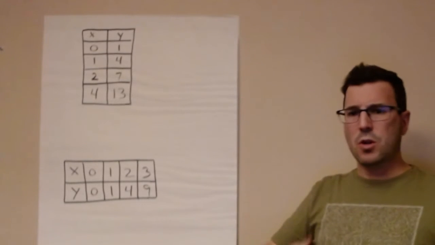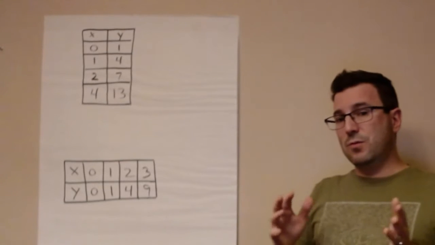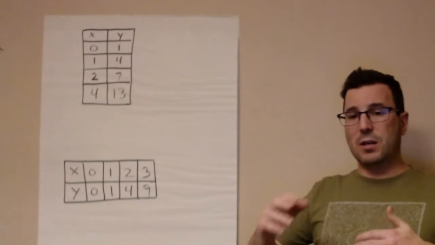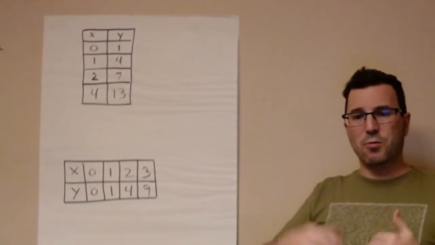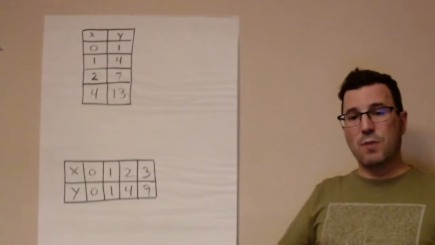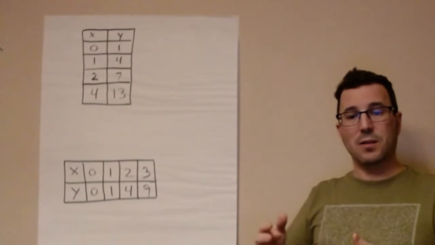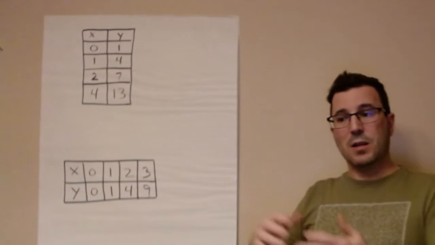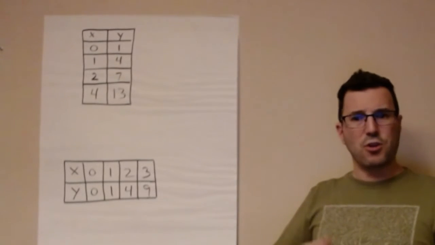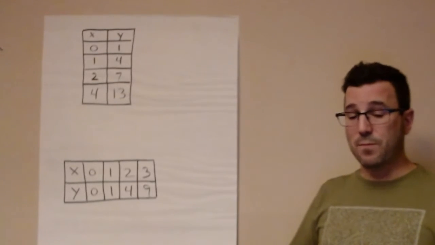It doesn't change every single time. Now, you got to be careful sometimes with these tables because sometimes the values will jump around and you'll be like, well, it's not consistent. The trick is to look at the difference between the x values, compare it with the y values, and see when you set up your ratio, do you have the same number each time?